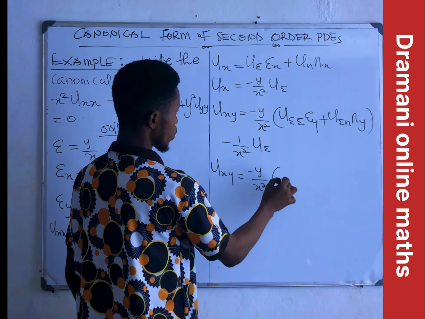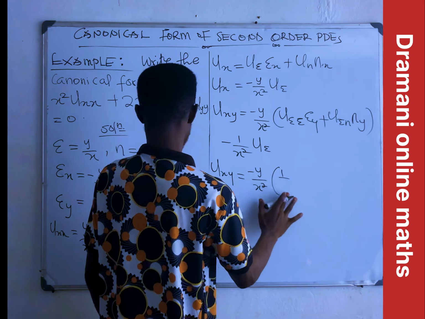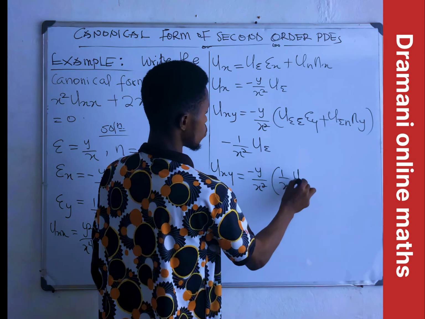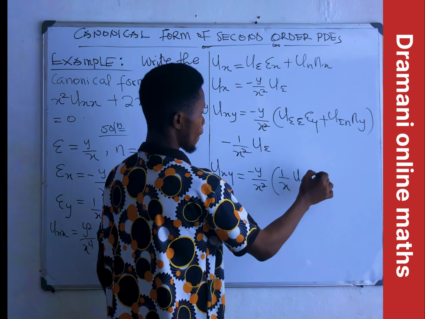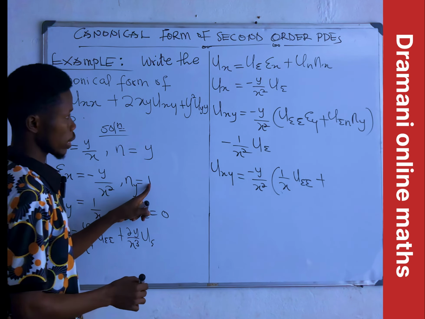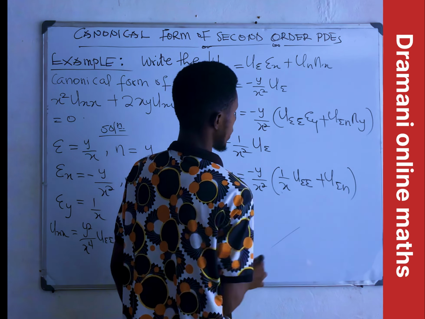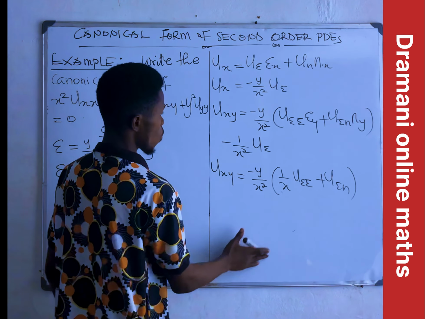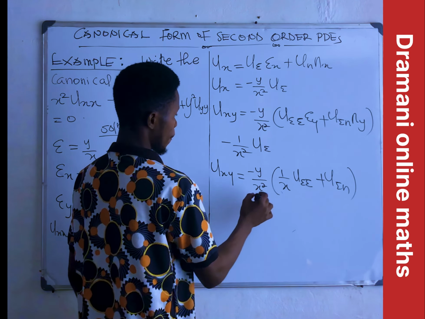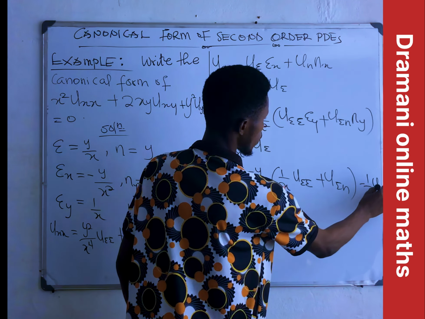Is that okay? So if I do the substitution, I'm going to have uxy equals negative y over x squared multiplied by 1 over y, 1 over x u xi plus eta y. Eta y is 1. Is that okay? So 1 times this will still be u xi eta, like this. So then minus 1 over x squared u xi.